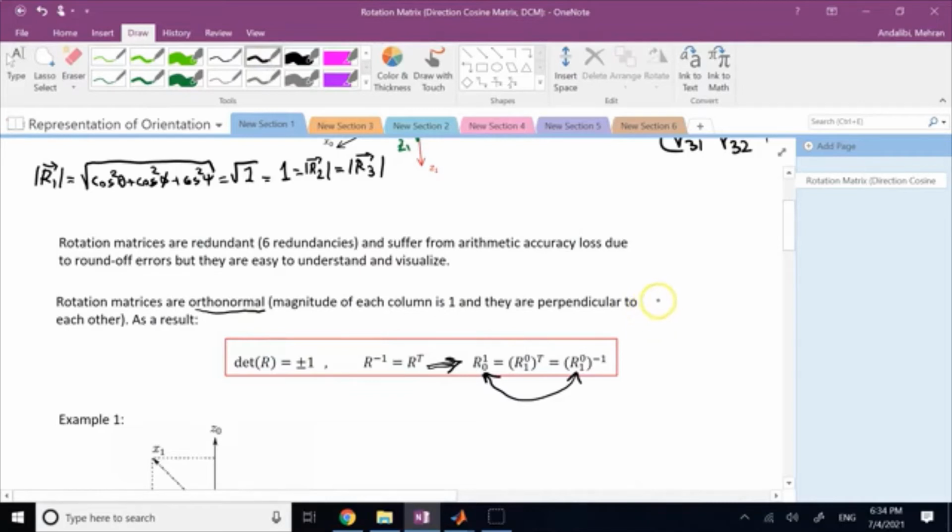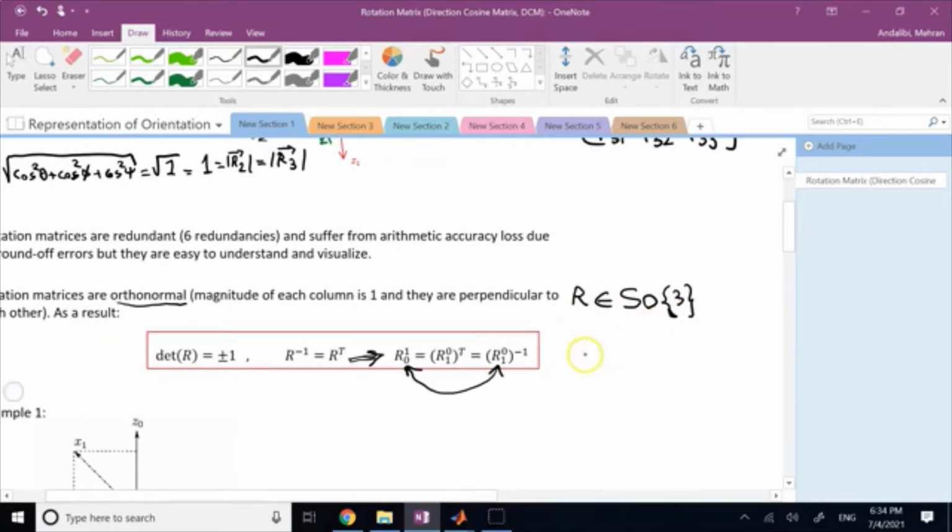And we call them SO3, special orthogonal matrices of dimension 3. What's special about it? You can show that. So the R matrix, a rotation matrix, belongs to category SO3. And what's so special about this? What's the meaning of that?